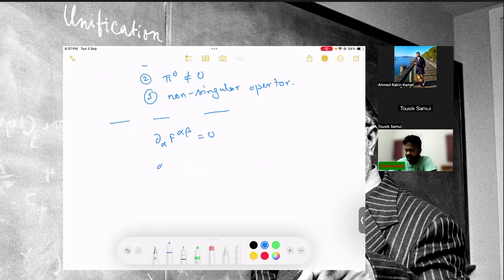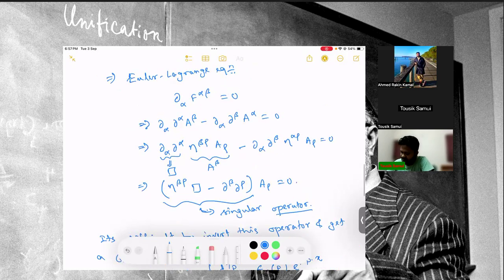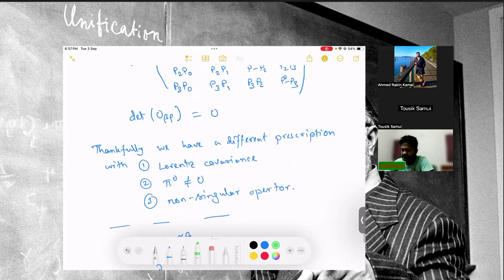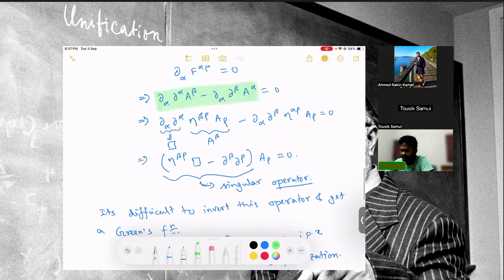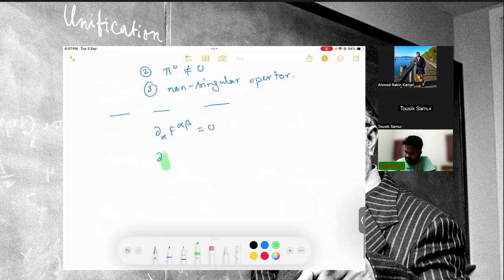We already have written it: del alpha del alpha A beta minus del alpha del beta A alpha.